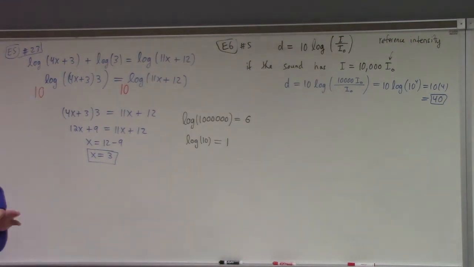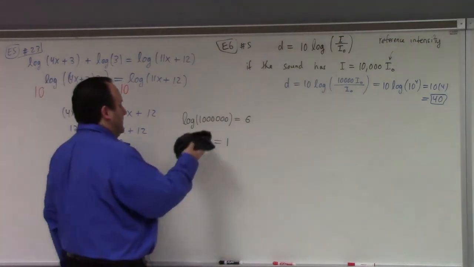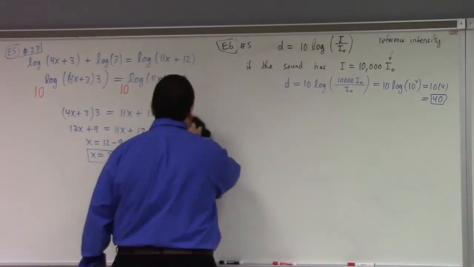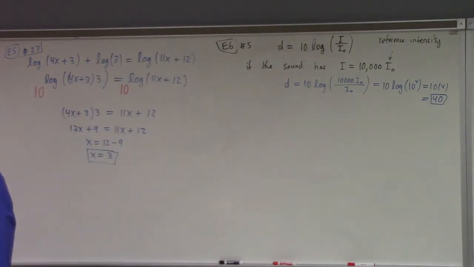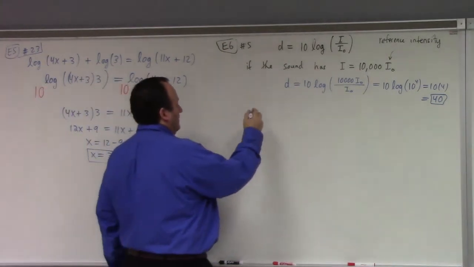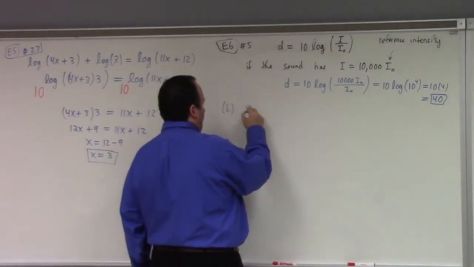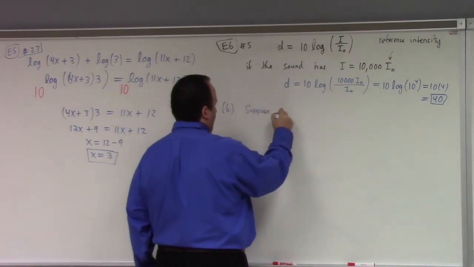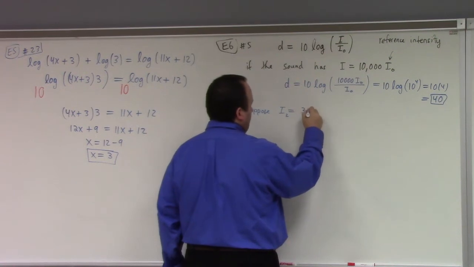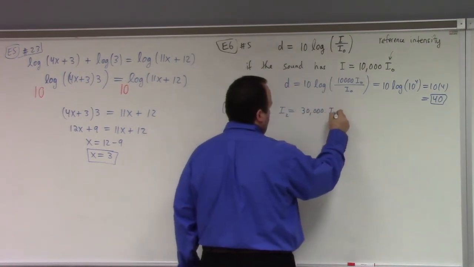And then the question is this: if you tripled the intensity, what would the dB rating be? What would the decibel rating be if you triple it? So let's say, suppose I2 is equal to 30,000 I naught, right?